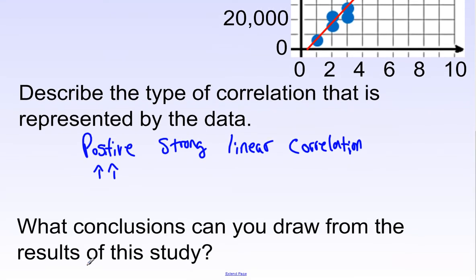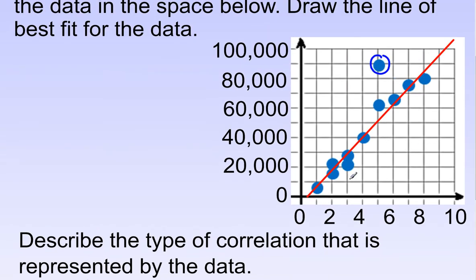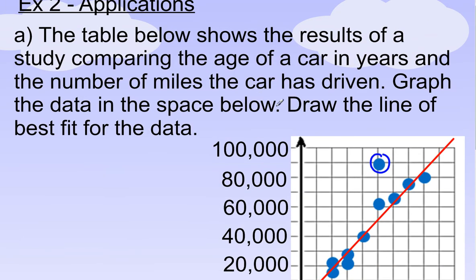The second part asks, what conclusions can you draw from the results of this study? So now it's asking us not just about the data algebraically. It's asking us to draw a connection to the original problem. The problem was talking about a study comparing the age of cars and the number of miles driven.